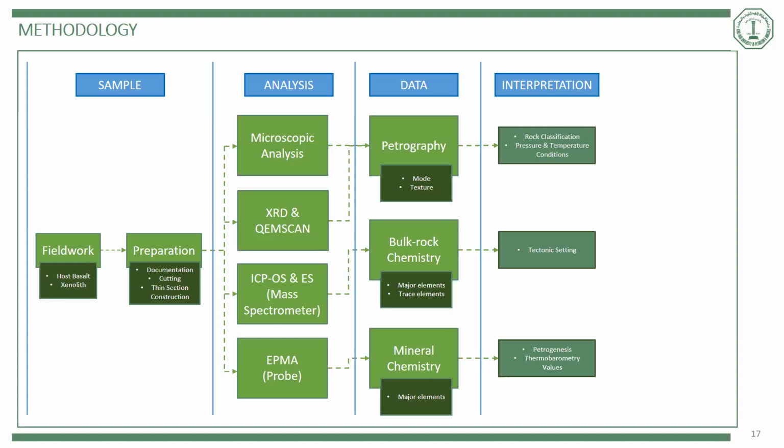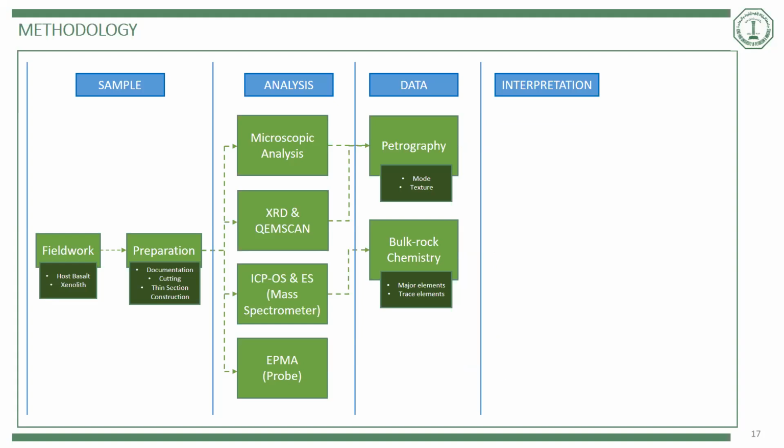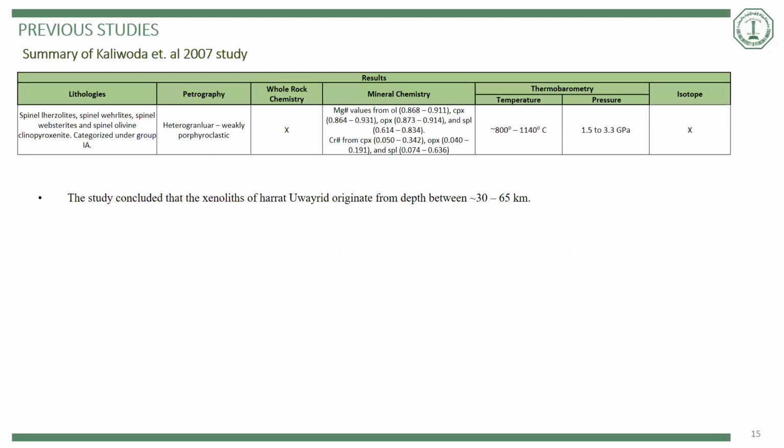Like what you said, Uwayrid is already well studied, right? So I just want to know what is actually the gap in our knowledge now. Why did you select Uwayrid? Harrat Uwayrid itself, as you mentioned, you are correct, Doctor, has been studied in detail.